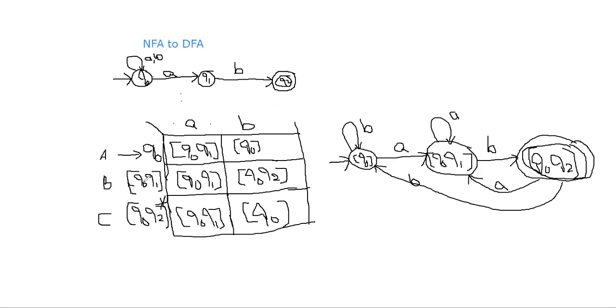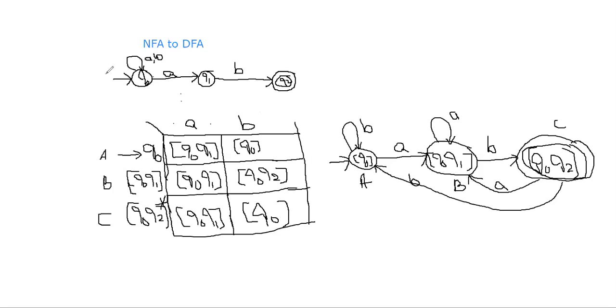After stopping the transition table construction, directly convert this transition table into a transition diagram. Take initial state Q0, next state Q0 Q1 and next state Q0 Q2. As I already told you, instead of Q0 you can take A, instead of Q0 Q1 you can take B, and instead of Q0 Q2 you can take C. Like this also you can construct, but we get the same meaning, same strings, same language.